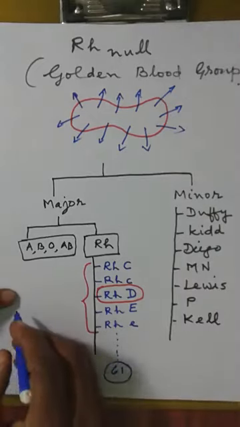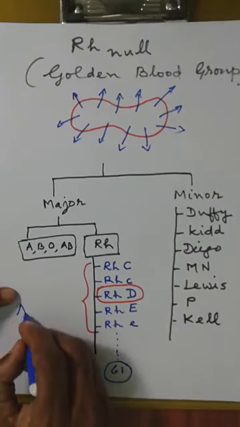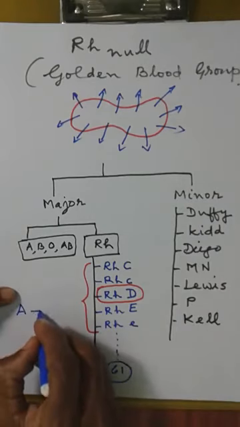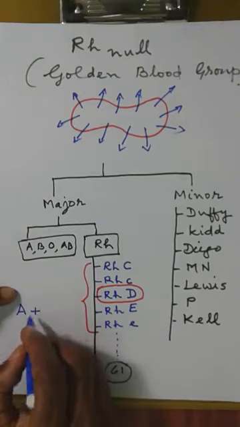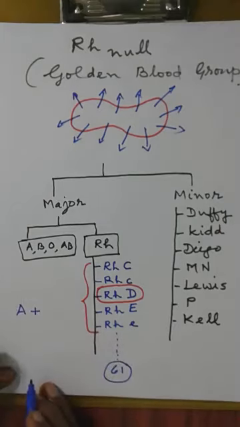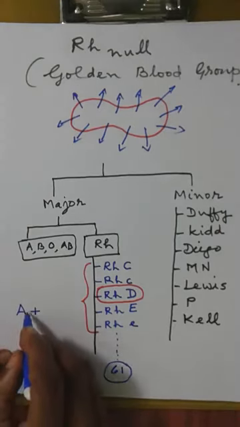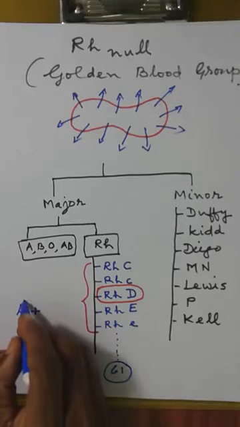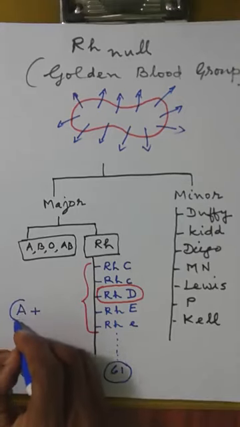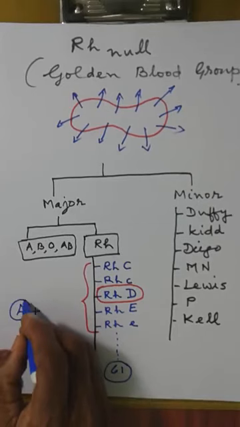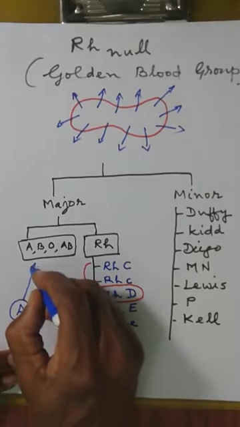When I say blood group A positive, I write it like this. This A belongs to this group.